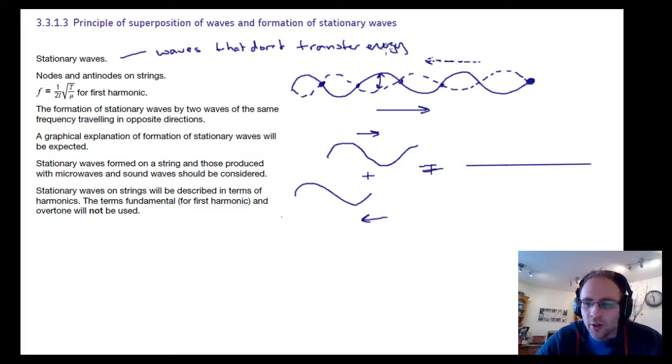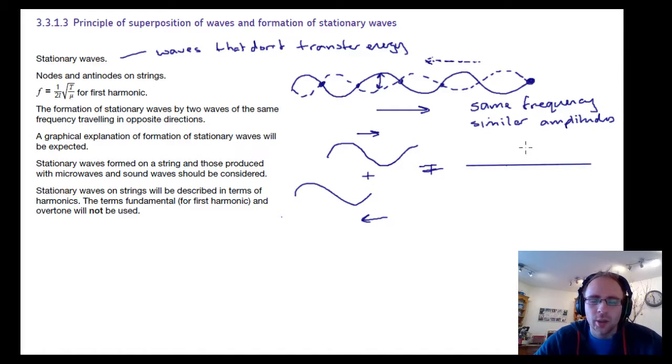You can do this with any two similar waves. They need to have the same frequency and similar amplitudes in order to get good superposition. This adding together of displacements in waves is called superposition. So when two waves meet and interact, we call it superposition.